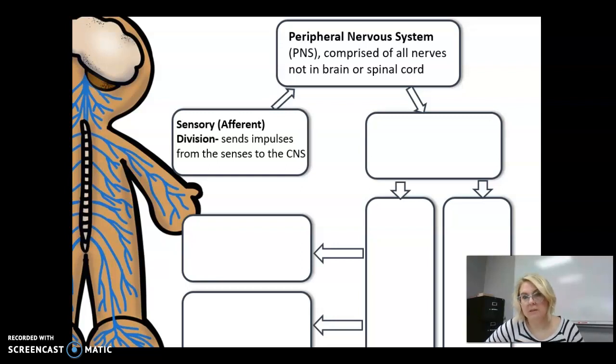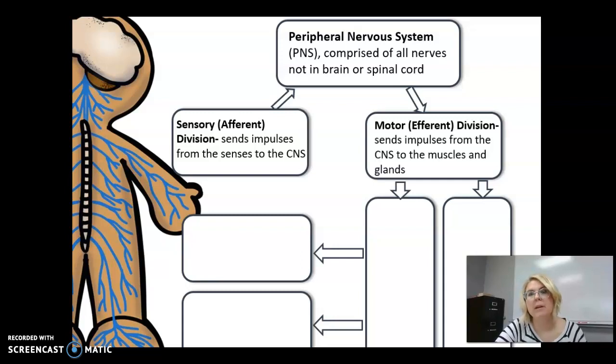Underneath that is where our doodle notes will start from here. Peripheral nervous system is comprised of all nerves not in the brain or the spinal cord. So that means all of our other sensory nerves. You look over here, this is how the flow works. Our sensory or afferent division sends impulses from the senses to the central nervous system. It goes to the peripheral nervous system and down to our motor division.